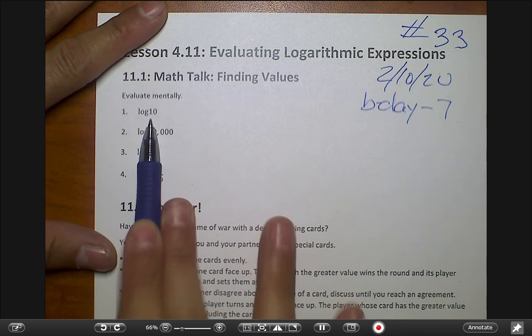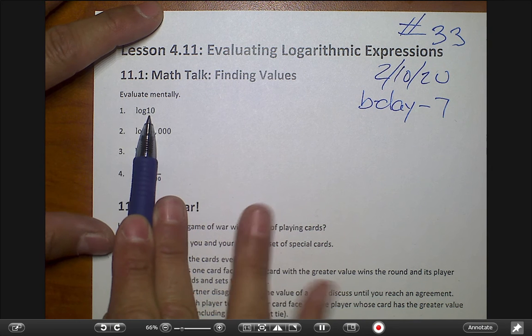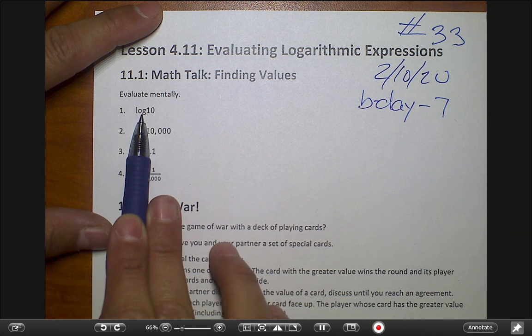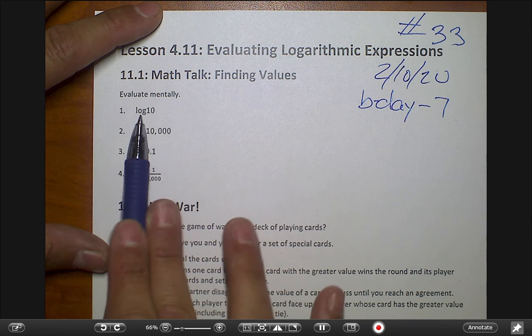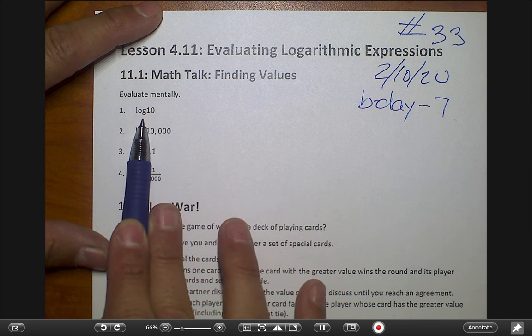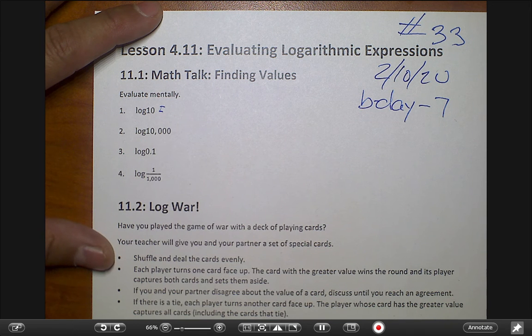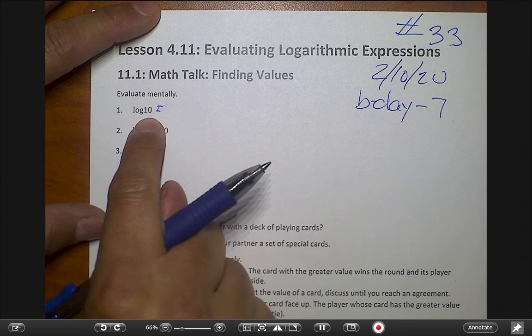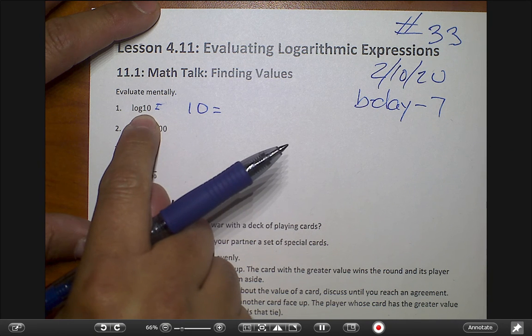So if you paid attention previously, what is the base on this one right here? It's 10. It doesn't have a base, so it is implied that it is 10. We're going to write this as an exponent to solve for it without the calculators. So my base is 10, and that is supposed to be equal to what value? 10, right?